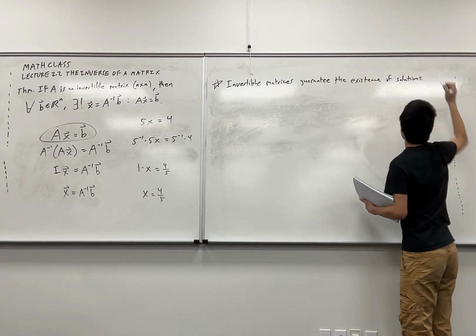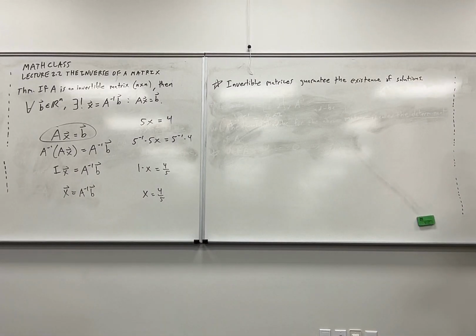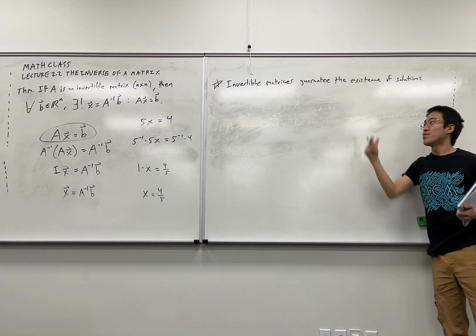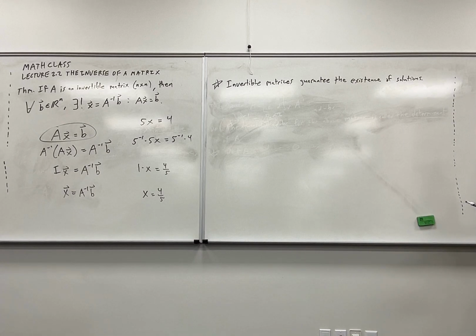And in a class where we've been constantly asking whether or not something is consistent, suddenly that becomes important. If you use an invertible matrix in some sort of system, you guarantee the existence of solutions for your solution set. Whether those are unique or not, we'll determine in a little bit as we keep going.